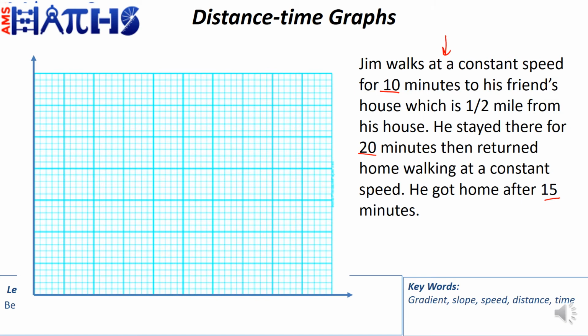So on our time, the time is given in minutes, so we'll put that in. The total journey took 45 minutes, so we need a scale that will take us to 45 minutes. So here's a scale that will work. And of course, you can choose your scale depending on the axis that you have to work with.